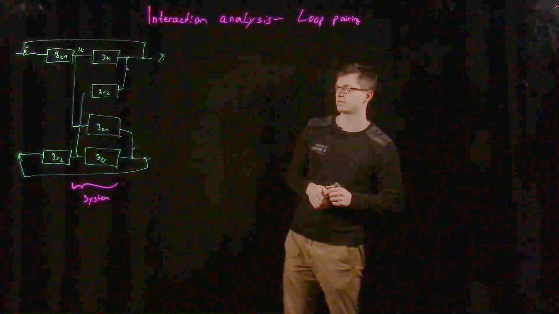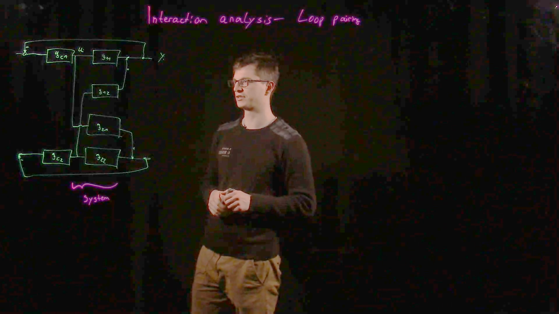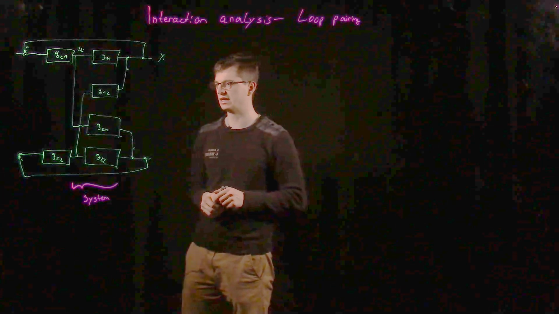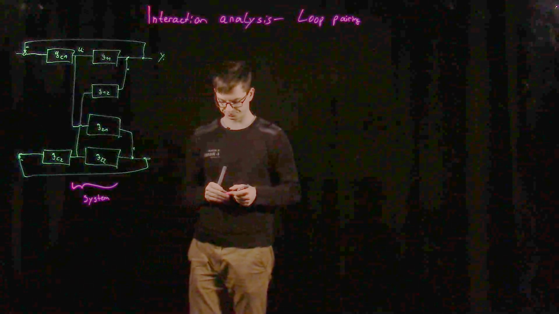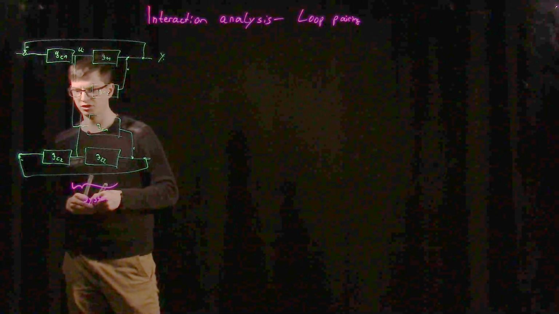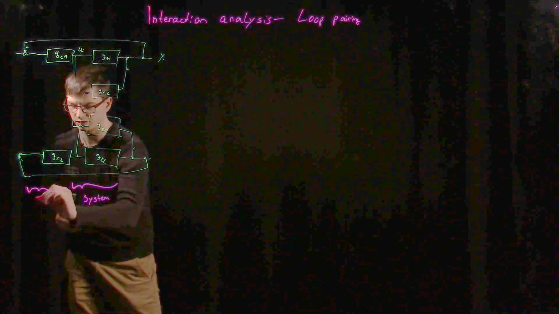On the left-hand side, you see some other transfer blocks. And what are these? These are the control blocks. So this is your real control world. Those are your controllers.